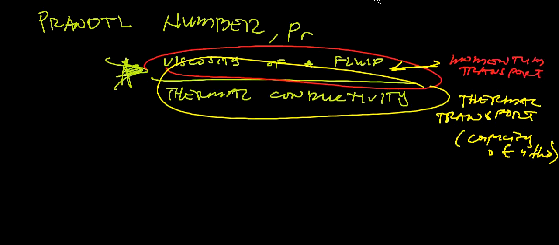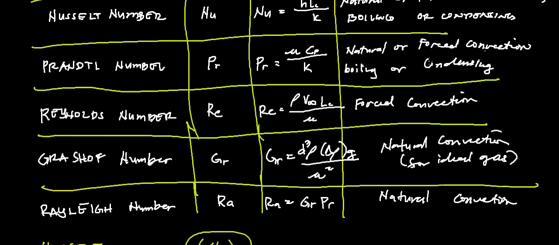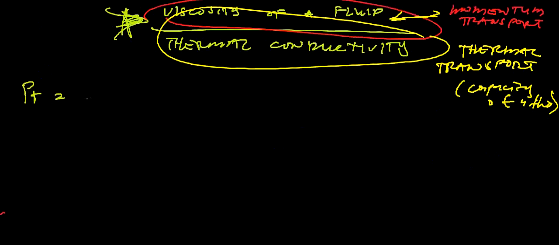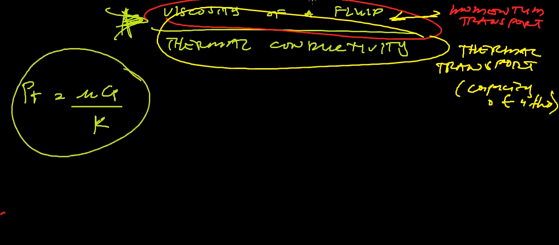Therefore, last time we said that Pr is equal to mu Cp over k, right? So mu Cp over k. This is actually the derived formula.